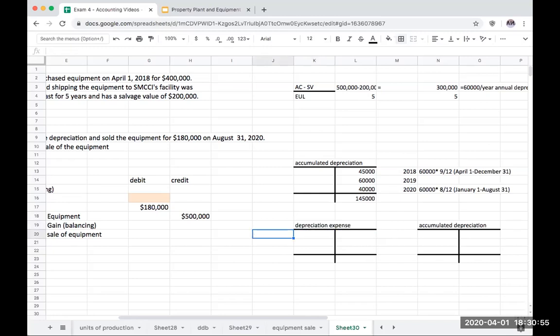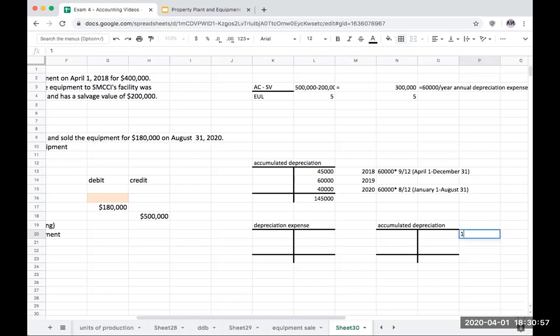So in 2018, on 1/1/18, my accumulated depreciation for this asset is going to be 0, right? Because I never bought it, basically, I bought it this year. So the amount of the depreciation expense that I took in 2018 was $45,000. Whenever I do a journal entry to record depreciation expense, I debit the depreciation expense and I credit the accumulated depreciation.